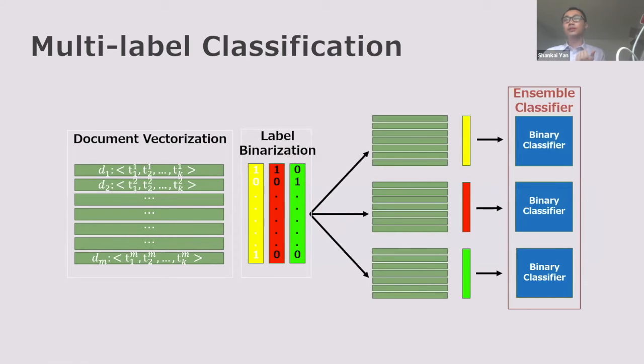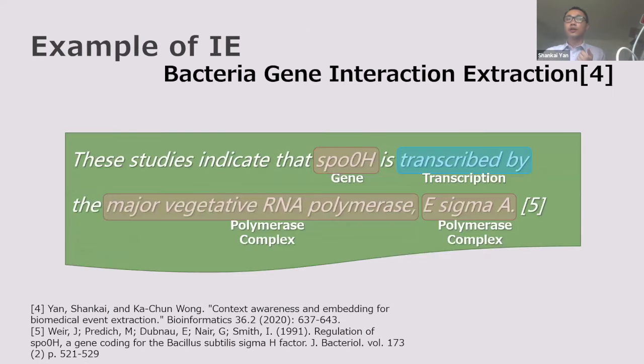Also you can separate the labels into multiple binary classifiers. We split each label into different layers, and then we train a binary classifier for each label. Then we use an ensemble to combine all these binary classifiers together to conduct the multi-label classification. So that's the example for document classification.